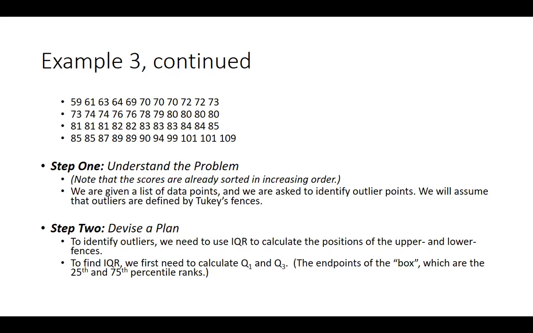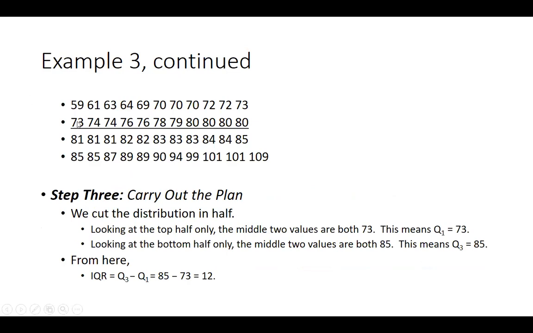To identify the outliers, we need to use the interquartile range to calculate the positions of the upper and lower fences. And to find the interquartile range, we first need to calculate Q sub 1 and Q sub 3, which would be the endpoints of the box, or the 25th and 75th percentile ranks. So first we cut the distribution in half.